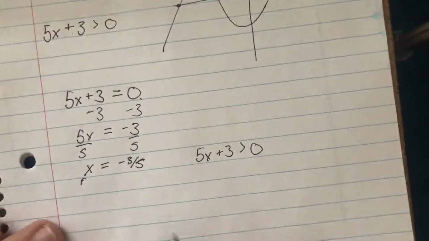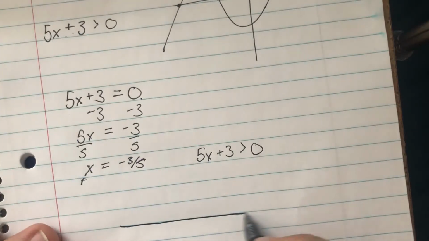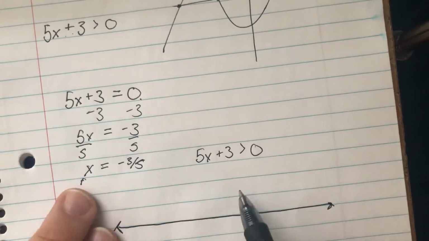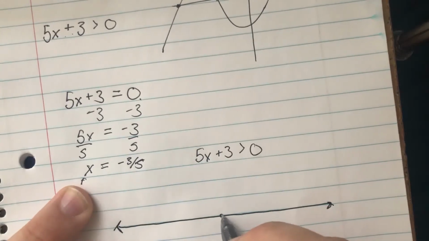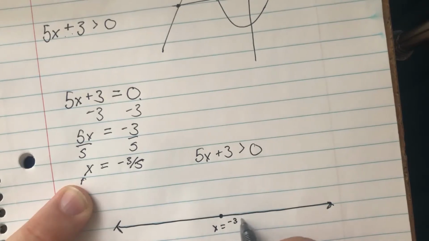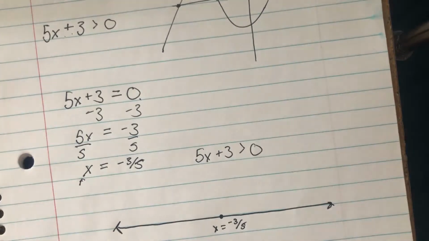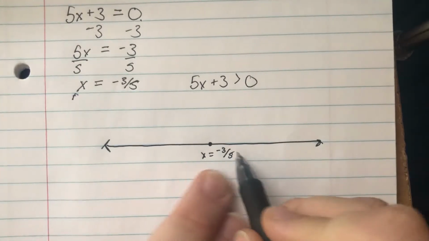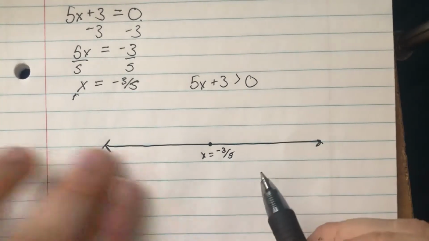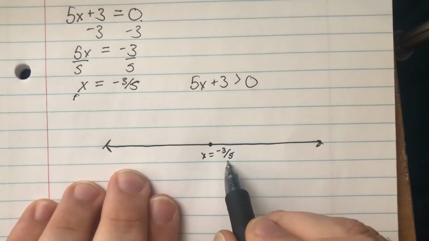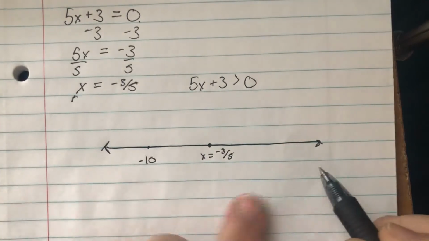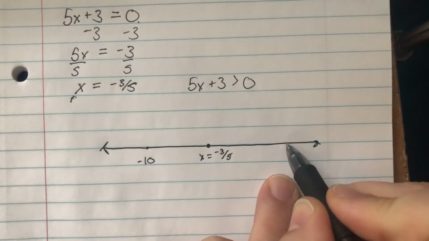So what we can do is make a number line, right? And we can say that when x is equal to negative 3 over 5, that is going to be a special point. So what we can do is check any point over here, so I'm going to choose negative 10, and any point over here, so I'm going to choose 10.